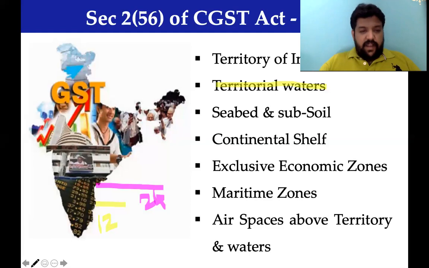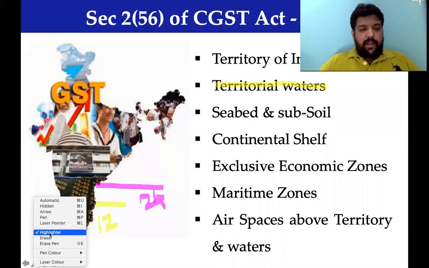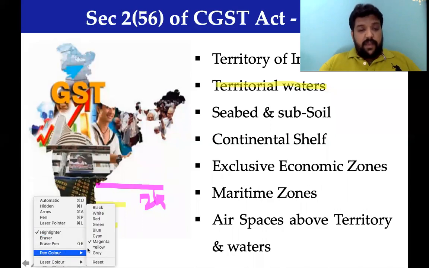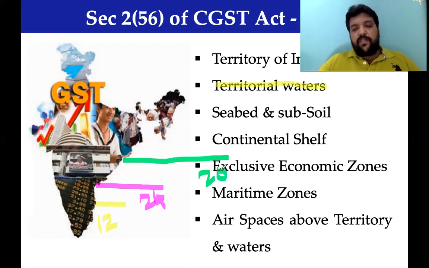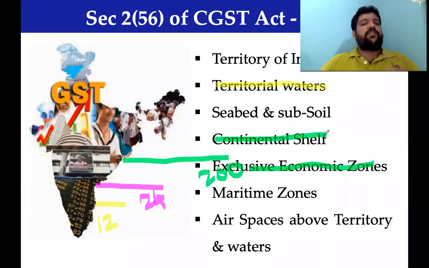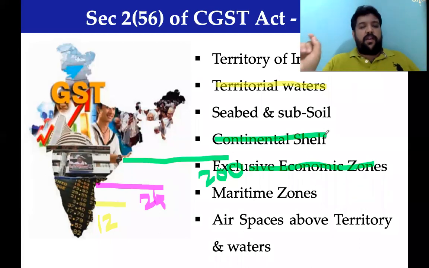From the baseline up to 200 nautical miles, you will call it your exclusive economic zone or continental shelf. So the continental shelf or exclusive economic zone will extend from the baseline up to 200 nautical miles.